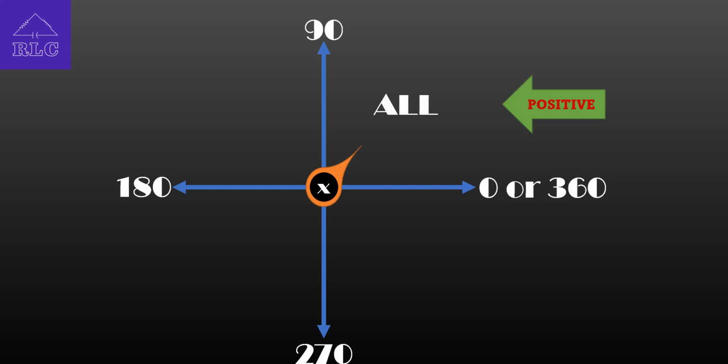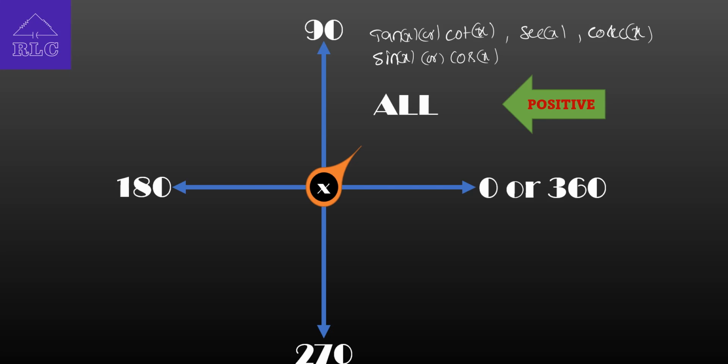In the first quadrant, that means 0 to 90 degrees, all the functions you take in trigonometry, that is sin x, cos x, tan x, cot x, secant x, cosecant x, all functions are positive between 0 to 90 degrees.